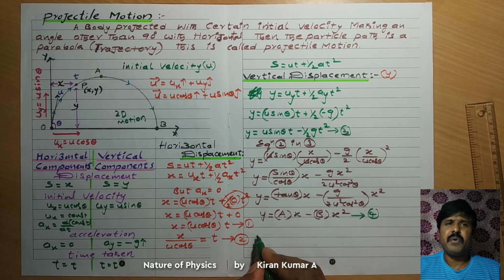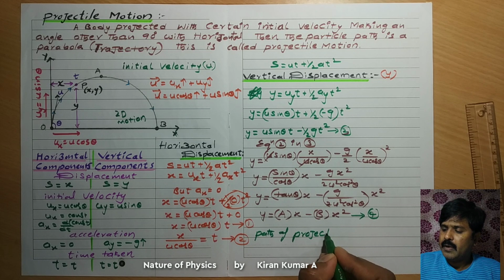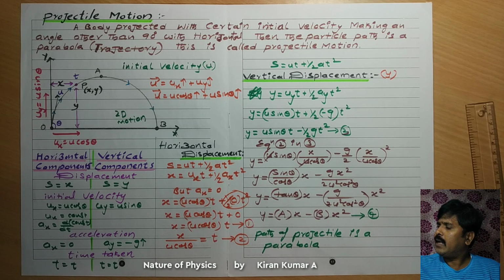So equation 4 represents the path of the projectile, which is a parabola, and here both values are there, one is a and the other is b.